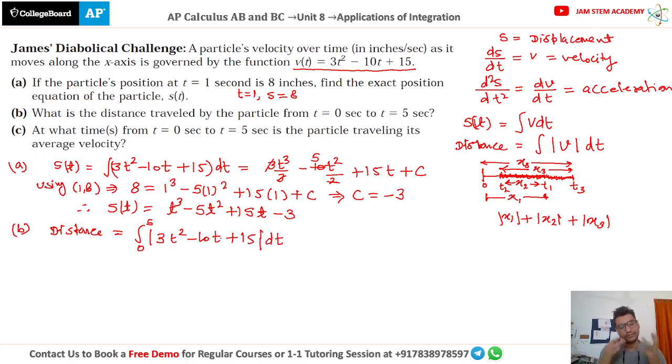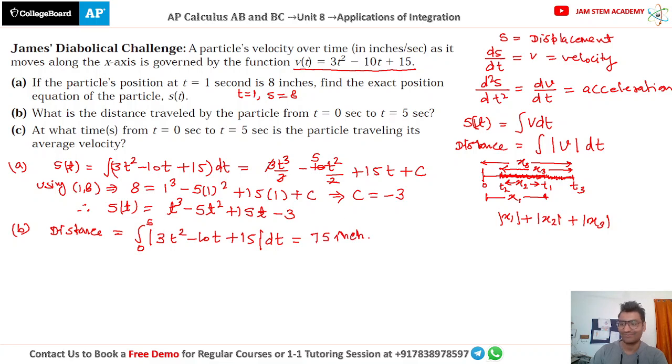If you take the modulus, that's fine, it gives you the distance directly. If you don't take the modulus, then you have to break it into parts, finding the intervals in which the particle is going forward or backward. So when you simplify it, it gives you 75 inches as the answer.